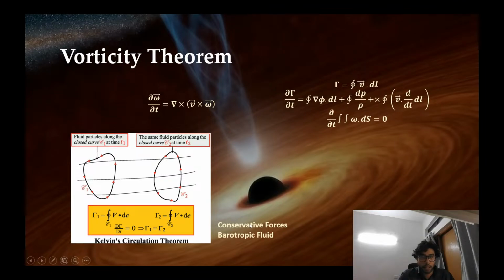And the condition for this theorem to hold is that the forces acting on this system should be conservative, and the barotropic condition that we saw earlier. So why conservative, and what does conservative force mean? Conservative forces basically mean any force which can be expressed as a gradient of some potential. For example, gravity is a conservative force.